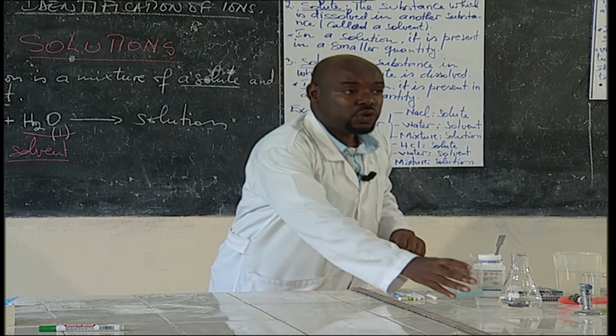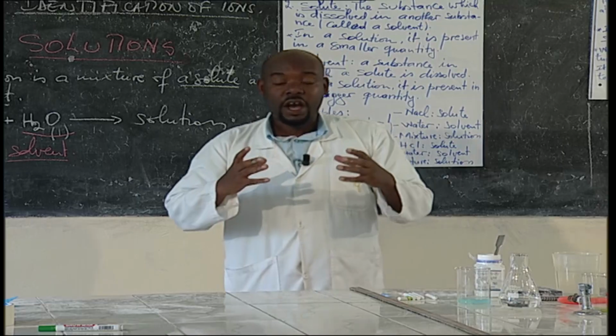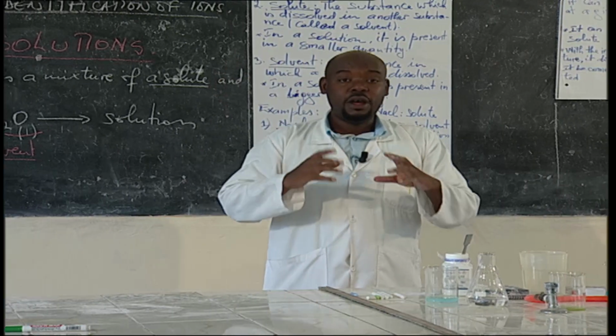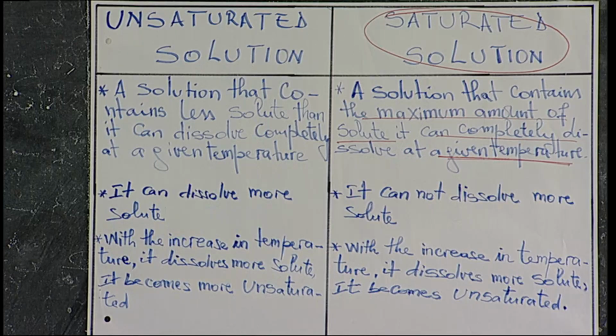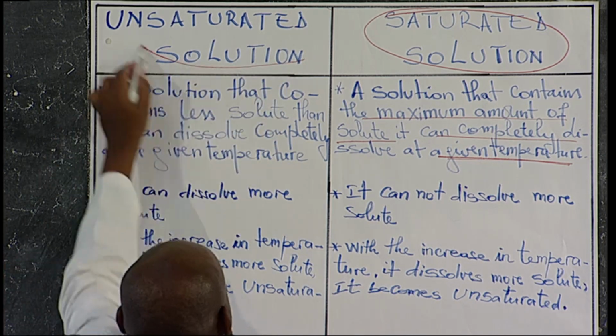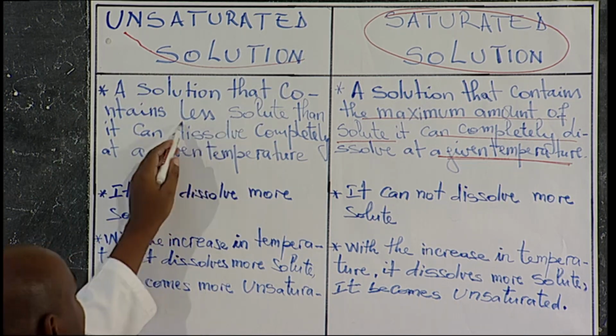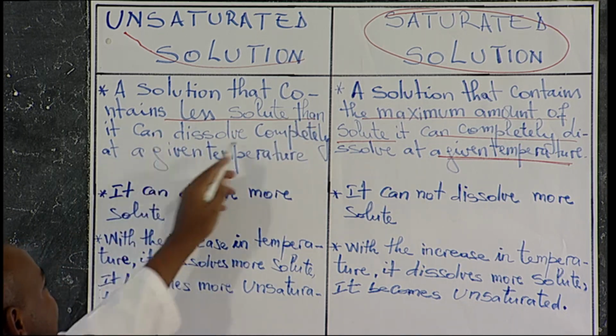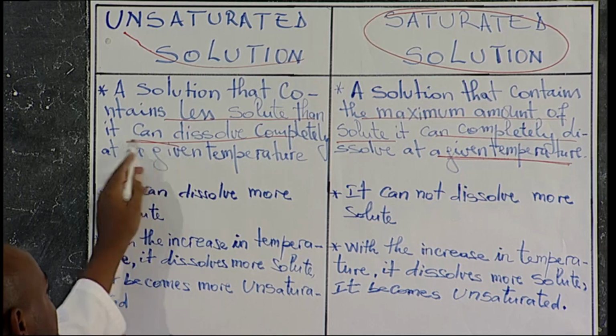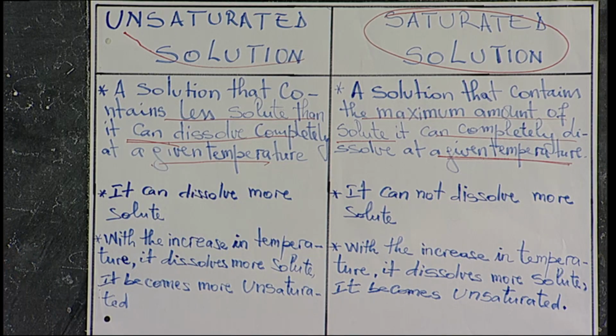So that solution is qualified as being unsaturated because you can add more solute. You add more solute, and the solute dissolves. So a solution which is unsaturated is a solution containing less solute than it can completely dissolve at a given temperature.